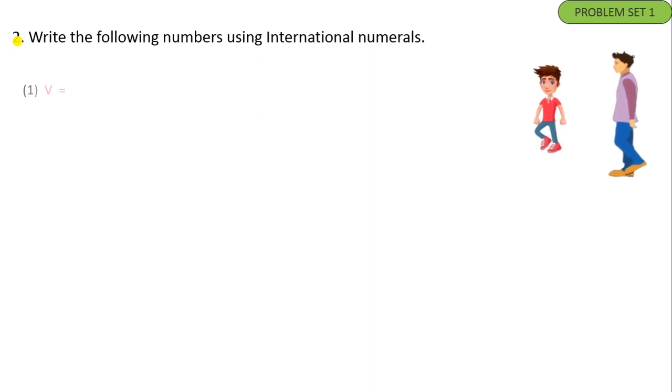First one is V, and for this symbol the number is 5. For the second one, VII, here I comes 2 times on the right side of V, that is we have to add 2 with 5, therefore the number is 7. Then next one is X, and we know that X is for 10.